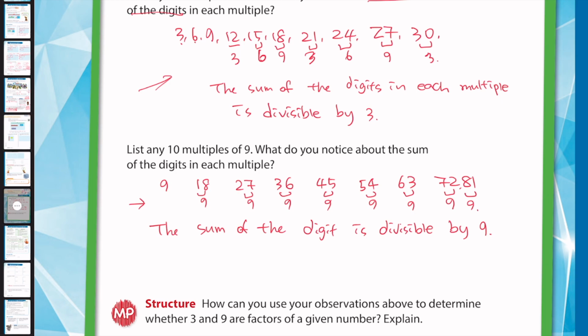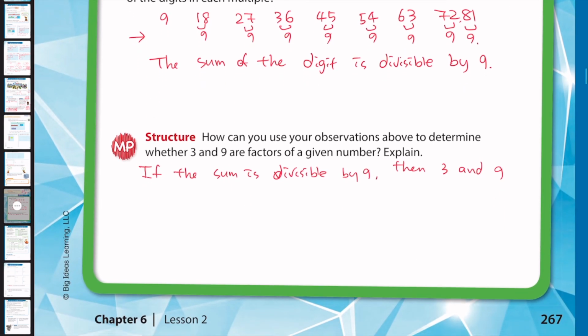If the sum is divisible by 9, then 3 and 9 are factors of the given number, because 9 is a multiple of 3. Remember, 9 is a multiple of 3.